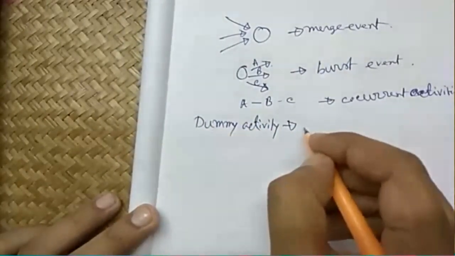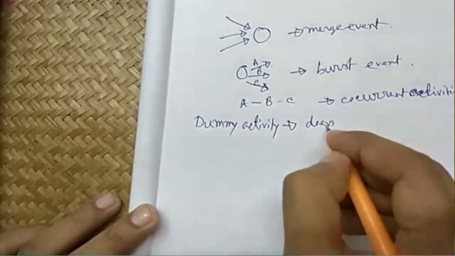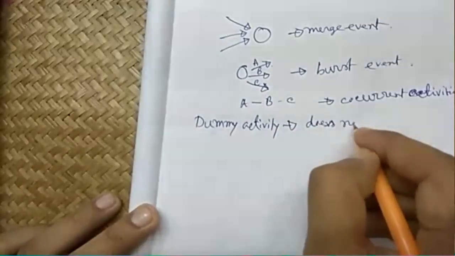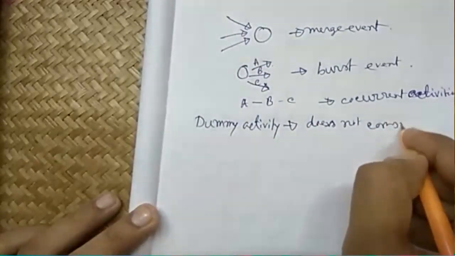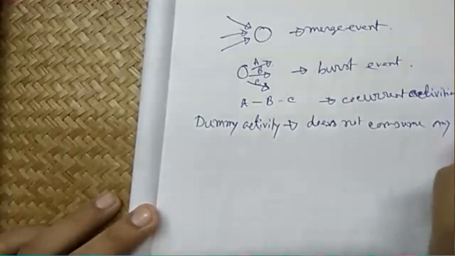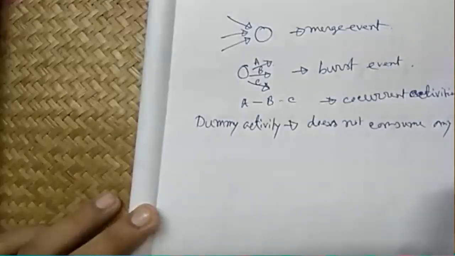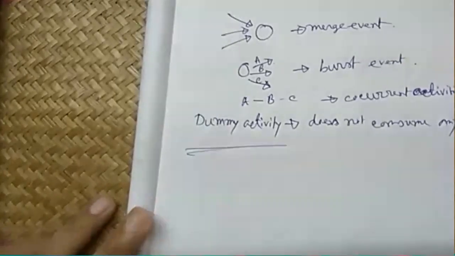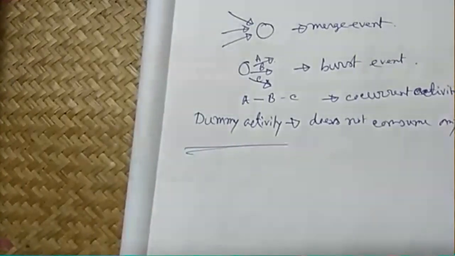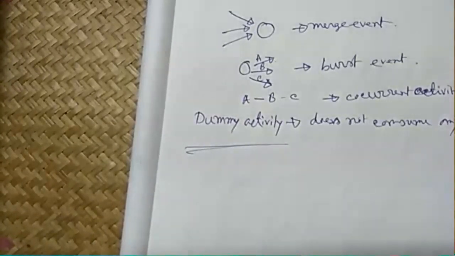This does not consume any time or resource. These are used when extremely necessary, and these are used to connect two events or two parts of a project to provide logic in the project.